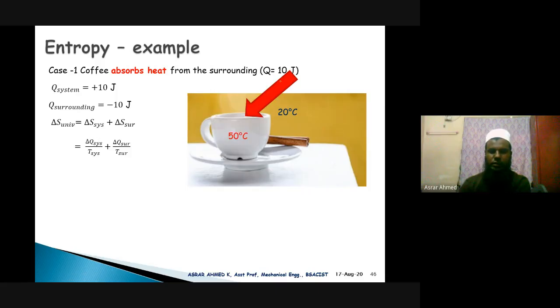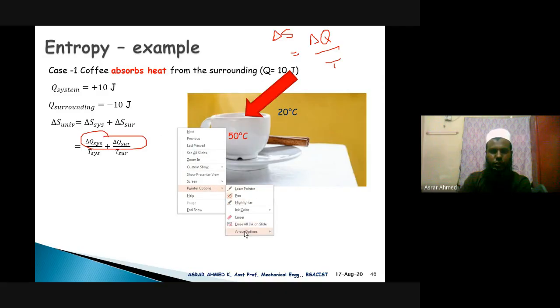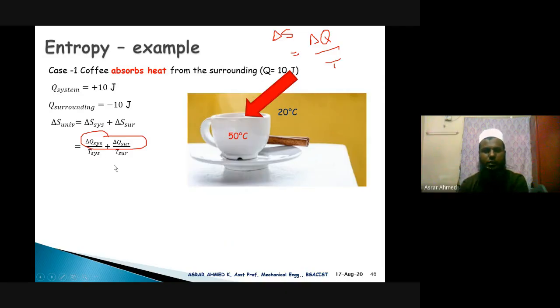I am applying this formula for each of system and surrounding. Del Q system is 10 by T system. The system is 50 degree centigrade or 323 Kelvin, plus minus 10 divided by 293 Kelvin, which is of the surrounding. So what is the answer? The answer is delta S equal to minus 0.00316 joule per Kelvin.